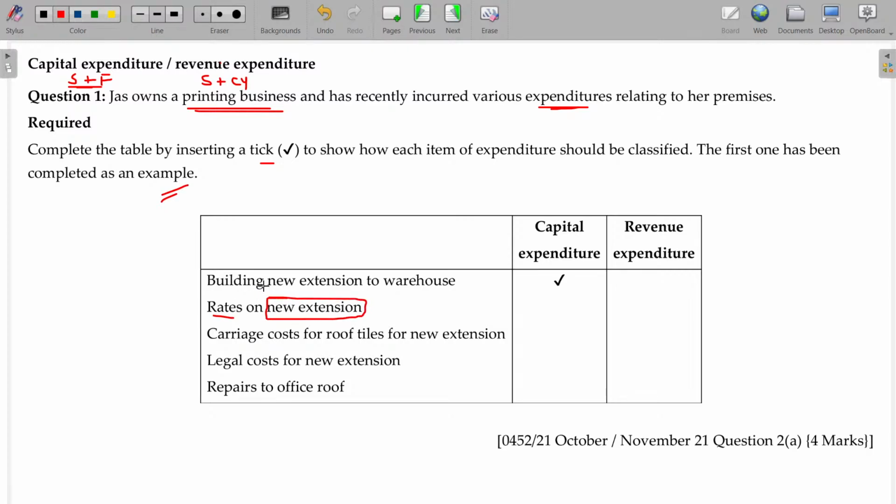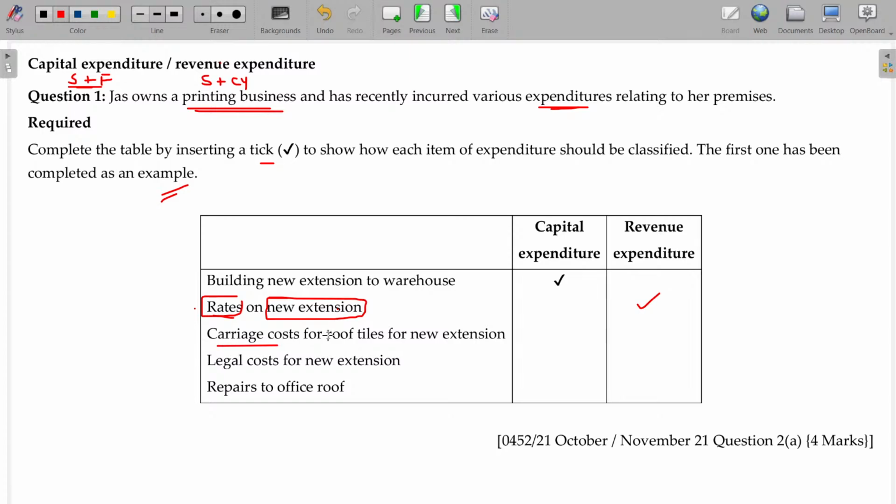Rates are the tax, the regular expense you pay. Once you purchase the new building, it's your duty to pay the tax month after month or year after year, depending upon the situation. So it is not the amount spent for the asset, it will be a revenue expenditure.